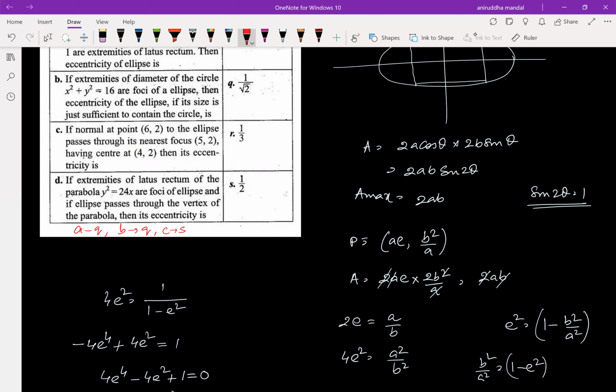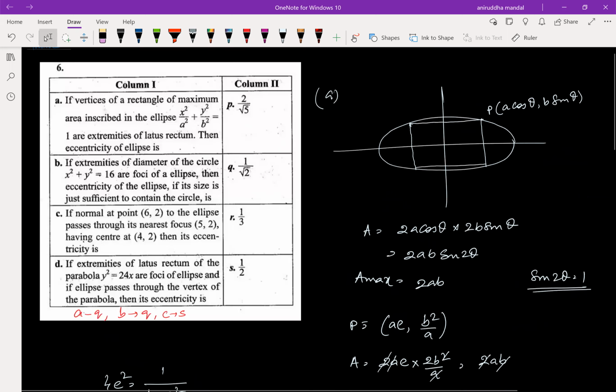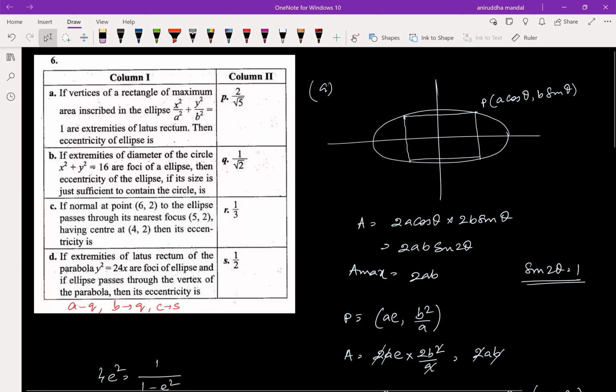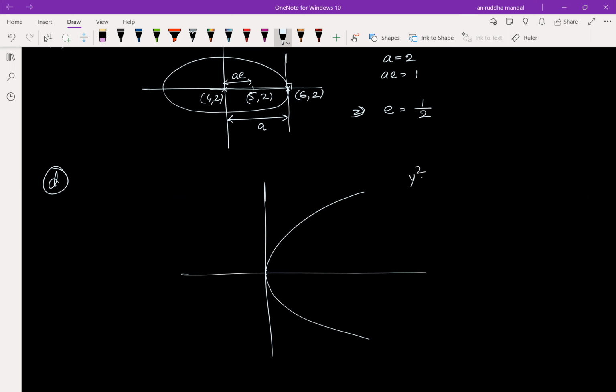Now last option D. If the extremities of the latus rectum of the parabola y square equal to 24x are the foci of the ellipse. So let's draw this figure. This is the parabola y square equal to 24x, which means its A is 6.